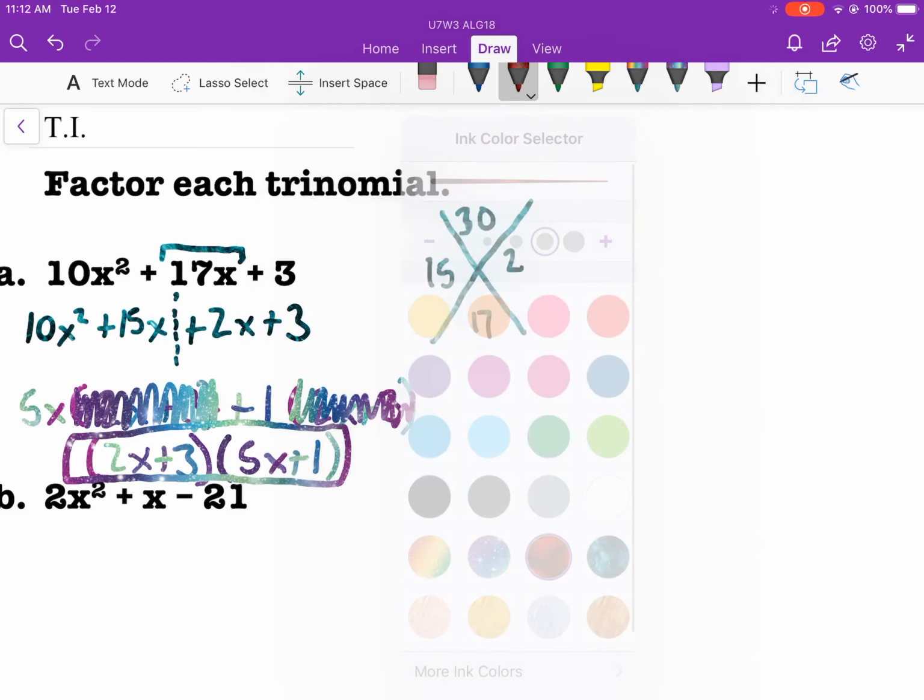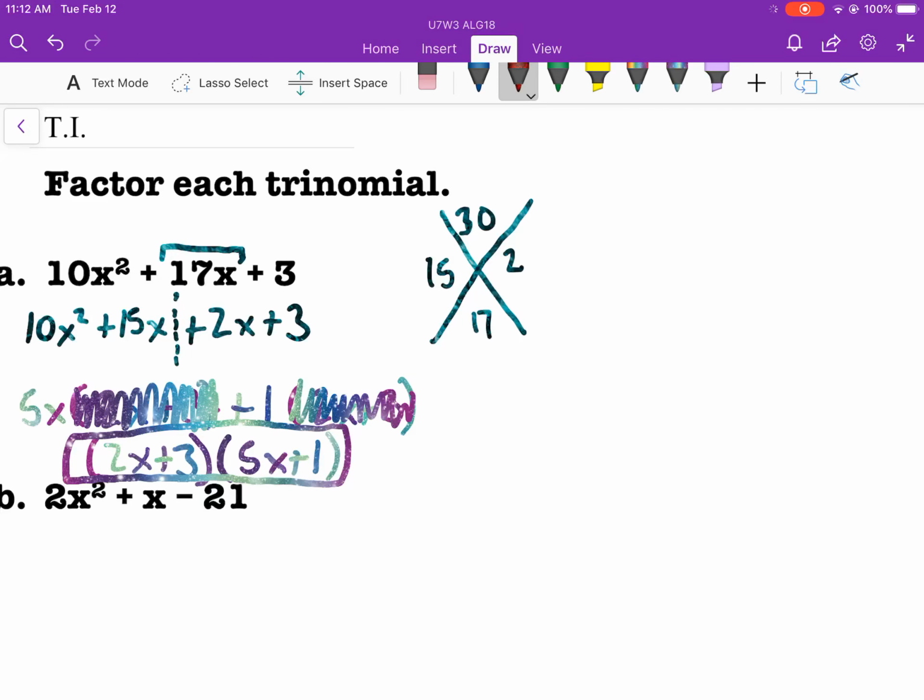Next, we have no GCF, so we can't factor anything out, so we have to do 2 times 21, 42. This one is negative. It has to add to 1. 7 times 8, 42?